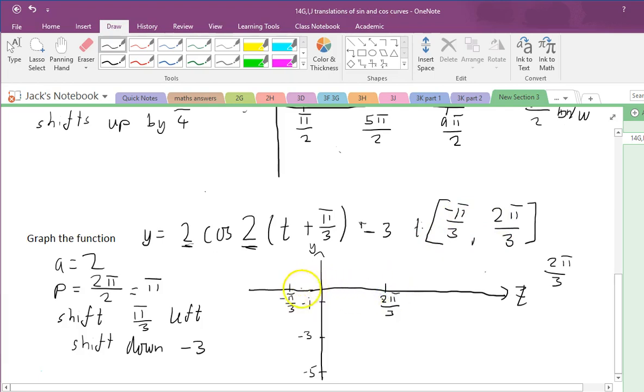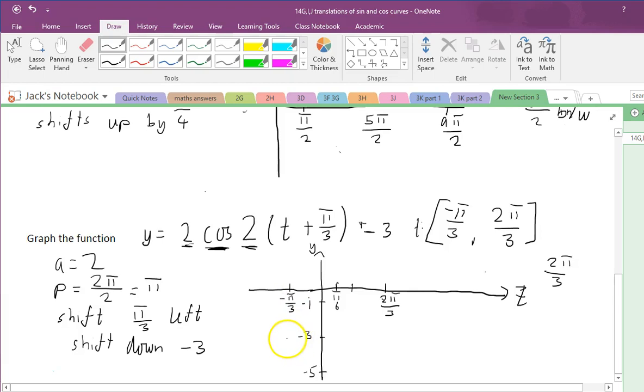So draw 2 pi on 3 here. Remember, keeping in scale, if that's pi on 3, then 0, pi on 3, 2 pi on 3. Okay, so the halfway point between negative pi on 3 and 2 pi on 3, you'd take half of pi, which would get you to halfway between negative pi on 3 and 2 pi on 3, which is pi on 6. So we know that it's going to reach its bottom there because a cos curve starts high and finishes low. The other thing you need to know is that this is a cos curve.